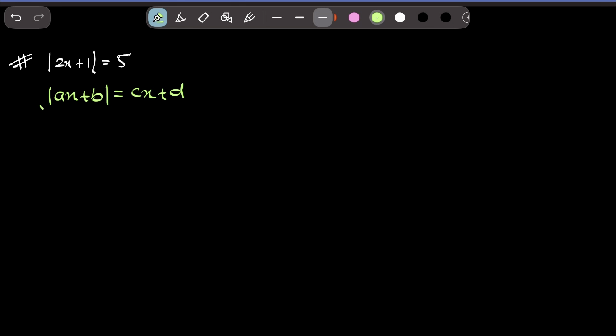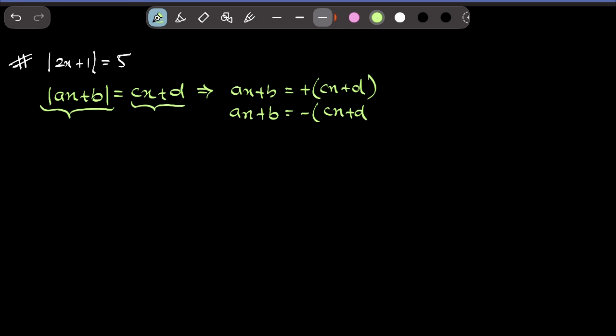You can see that there is a modulus function on the left, and on the right there is a simple linear function, right? Whenever we solve these types of equations in which there is a modulus function on the left and on the right you have a linear function or a constant, we will open this modulus function: ax plus b equals plus cx plus d, and ax plus b equals minus of cx plus d.